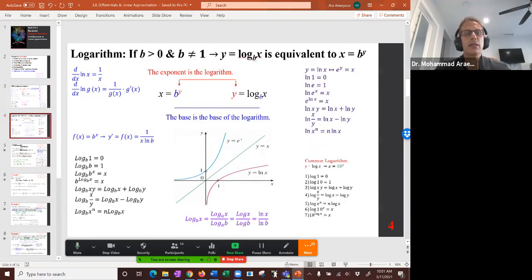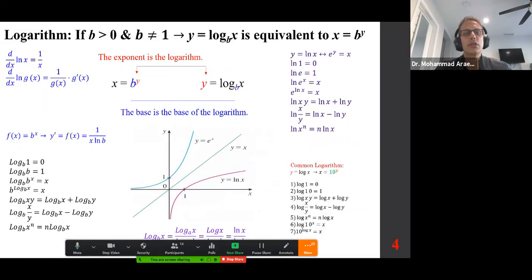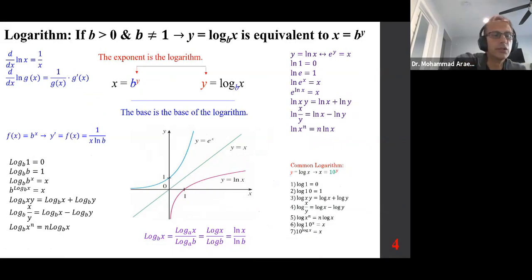Logarithms and the properties were discussed, and as you can see here, it is extremely important to be comfortable with logarithmic properties to be able to differentiate logs.